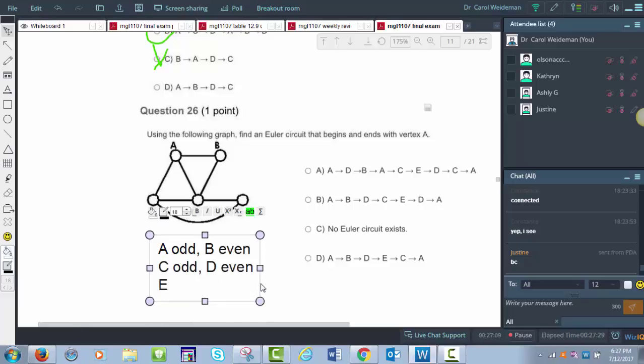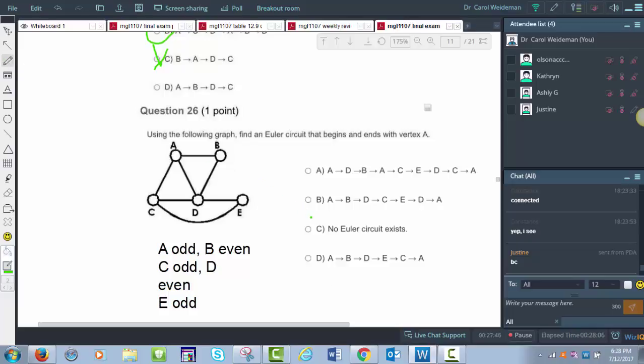So my question is, is there even a path there? E is even. What do you think? Is there going to be one? What did Euler's theorem tell us? We have two odd vertices there. So what does Euler's theorem tell us? It says if there are two odd, there's at least one path but no circuit.